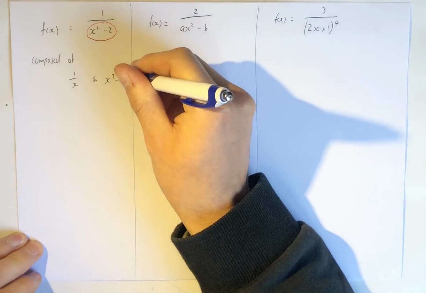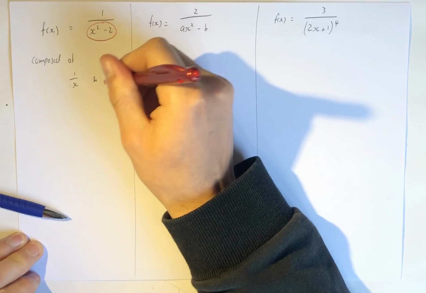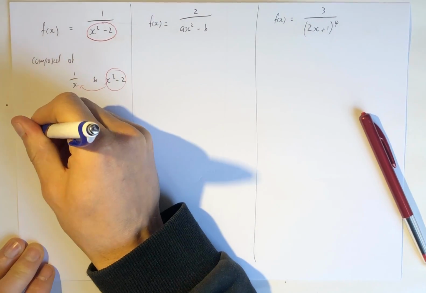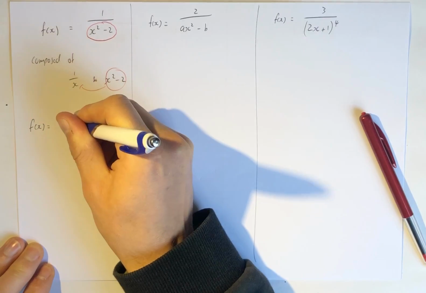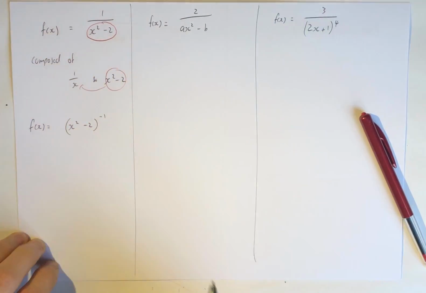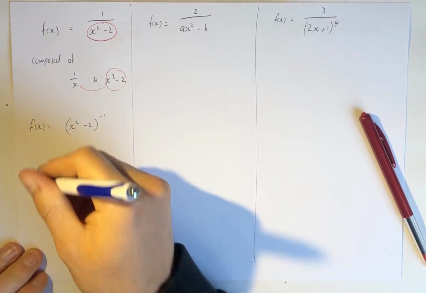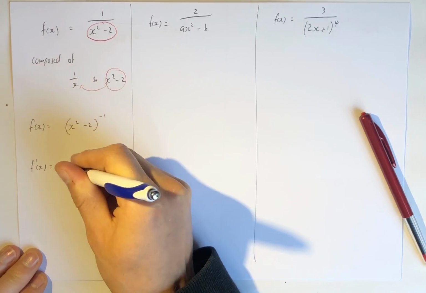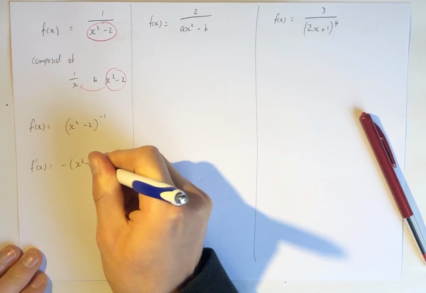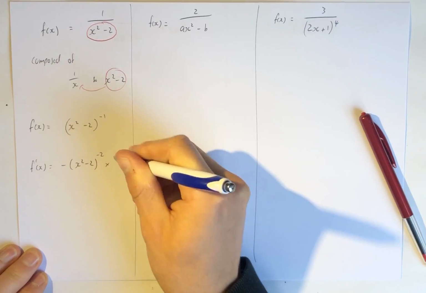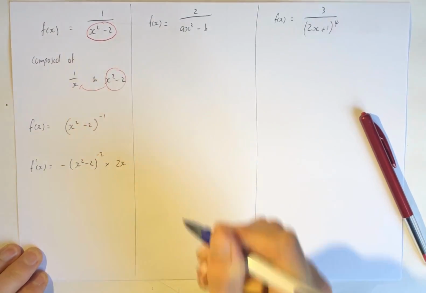If we put this function into that one, we would get this here. So I'm going to write this as x squared minus 2 to the negative 1. If I was chain ruling this to find the derivative, f prime of x would be: bring that power down the front, reduce the power by 1, multiply by the derivative of the inside.